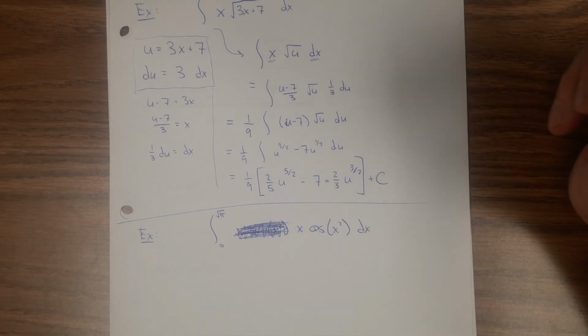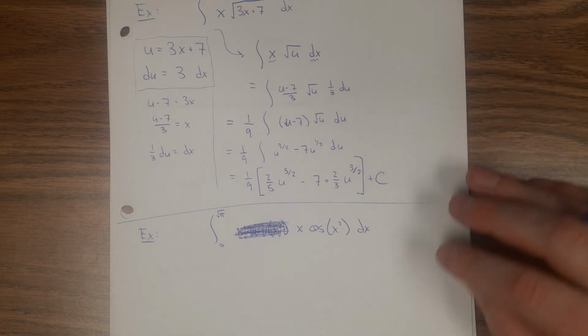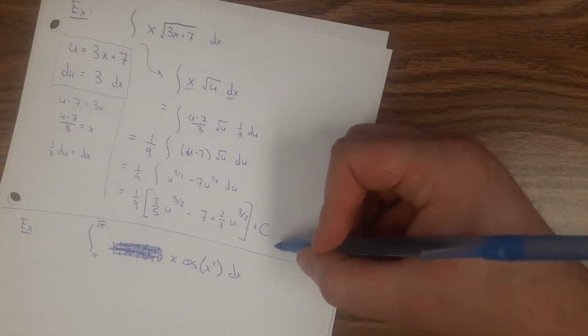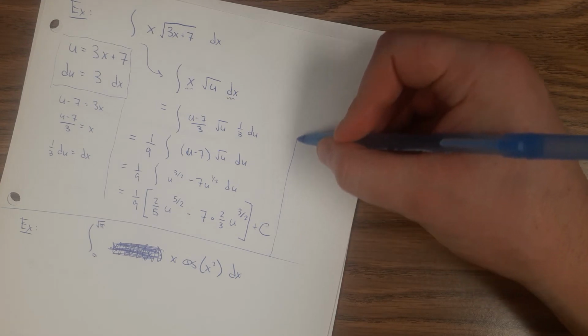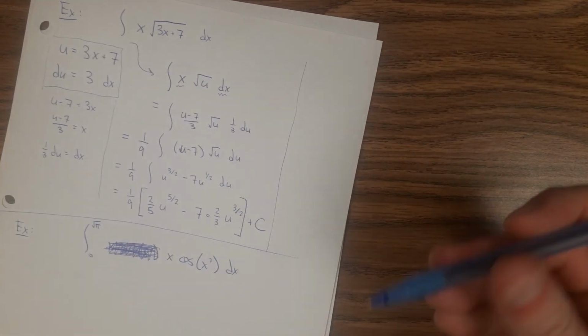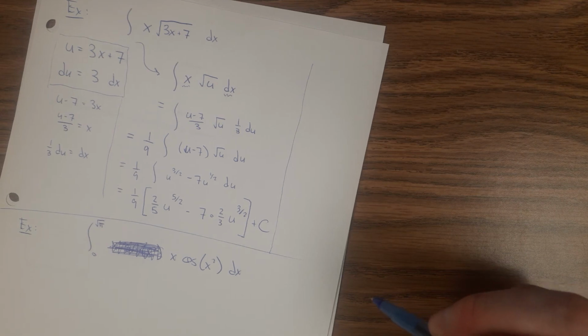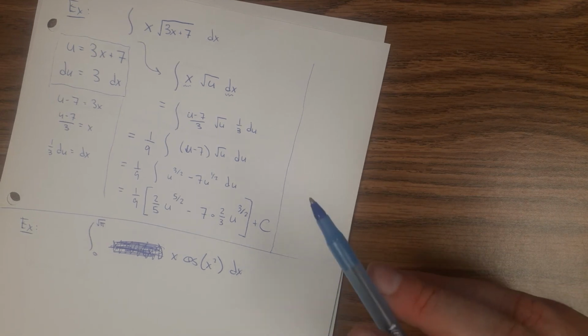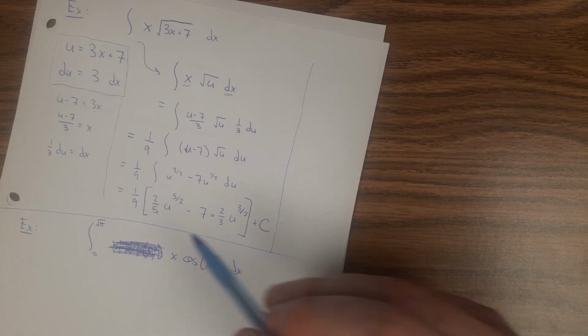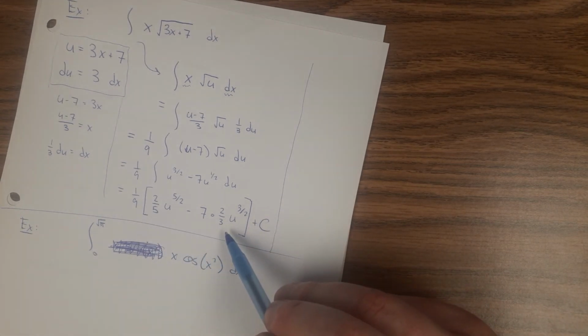And yeah, sorry, I didn't plan this out too well, but let me write the answer sideways here, because there are a couple of things I have to do. I want to distribute the 1/9 through.